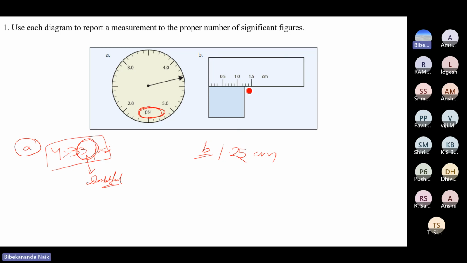In this scale, the least count is 0.1 centimeter. So 1.2 is of certainty. However, when we are writing 1.25, this 5 is the doubtful digit.